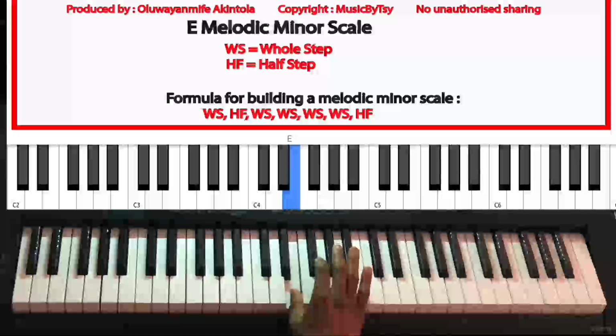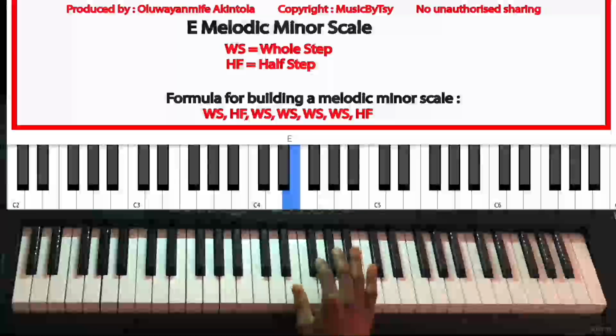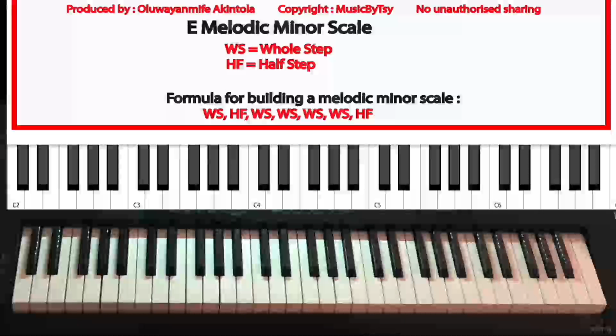Now whenever you move from one key to another key and you skip one key in between, then that is known as moving by a whole step. Now I'm just defining these terms because we're going to be using these terms in the formula for building the E melodic minor scale. So yeah, let's use the third method to build the E melodic minor scale.